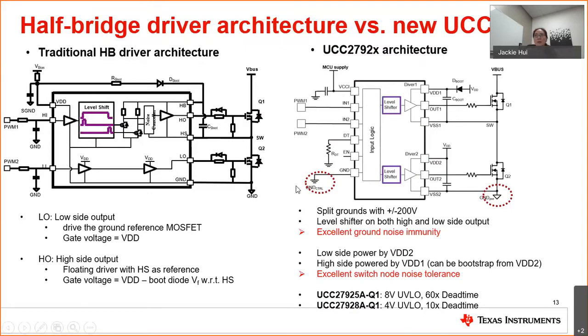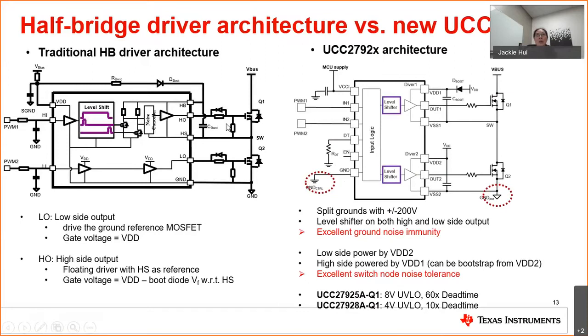Another one I mentioned earlier is it has two grounds, one for the input side and one for the output side. It also has its own separate supply bias as well.